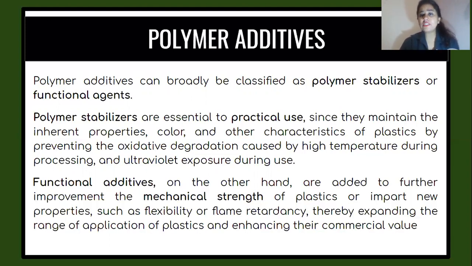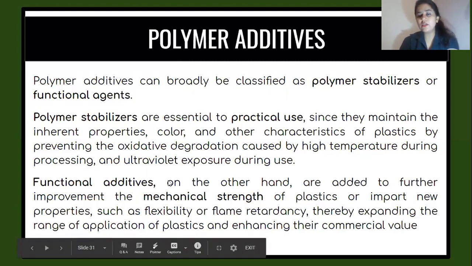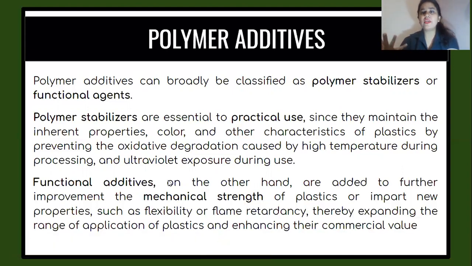Even if you preheat it and keep it through temperature fluctuations, it will not melt, it will not get degraded, it will not leave its scent or its color. This enhanced commercial value is because of the functionalization additives, which provide the mechanical strength to bear the flame retarding requirements and all the changes you're making in the polymer.